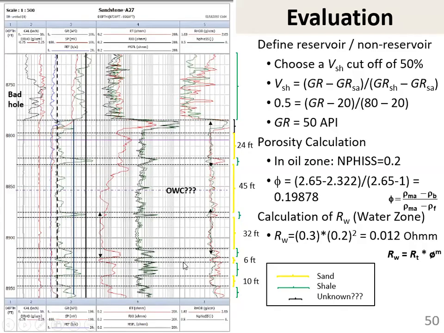And so the identification of these non-reservoir units within this blocking zone is from the trending of the density to the right of the neutron log.